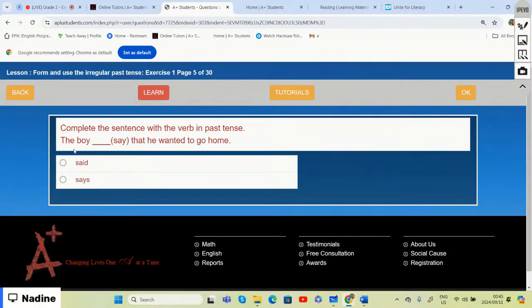It says the boy said that he wanted to go home. What is the past tense of the word say? Is it option one, said, or is it option two, says? The boy said that he wanted to go home, option one, or the boy says that he wanted to go home, option two. Which one is correct?